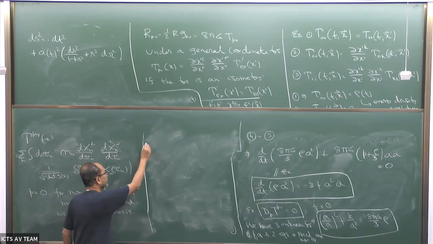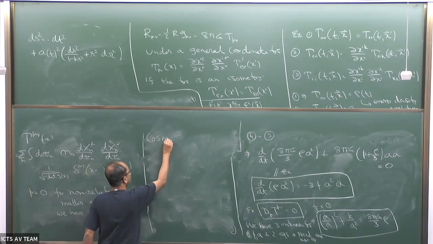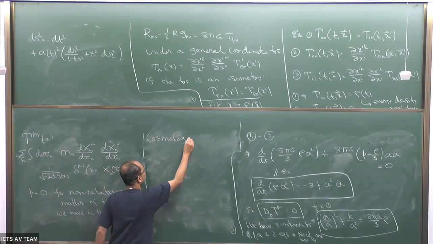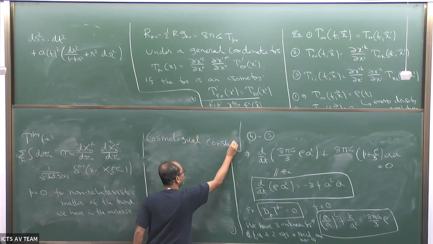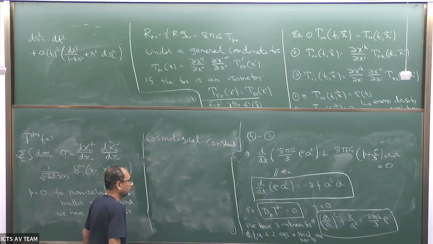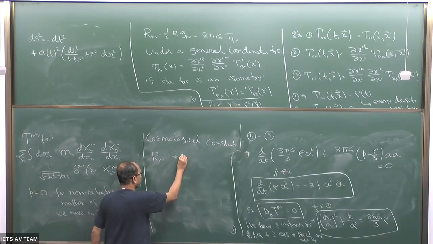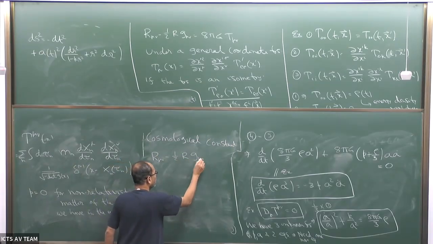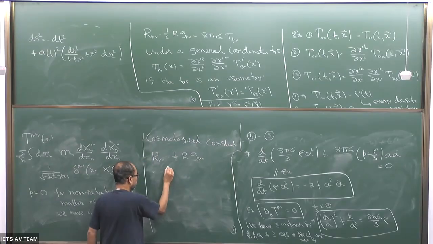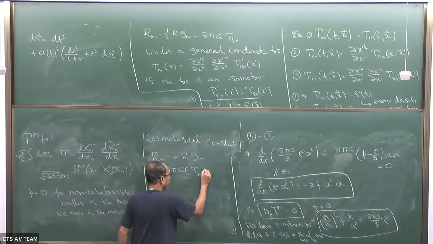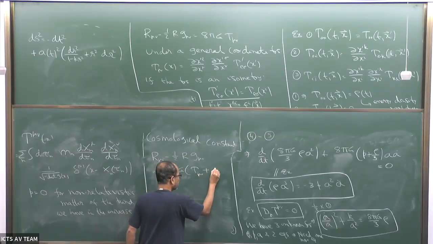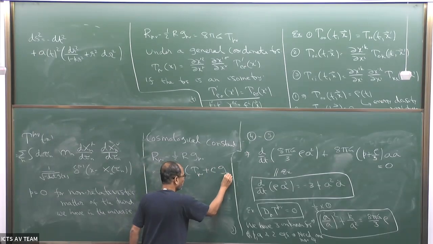So suppose you have a cosmological constant. The equation, Einstein's equation, can be written as R mu nu minus half R g mu nu is equal to minus 8 pi G times T mu nu, let's say plus some constant times g mu nu.